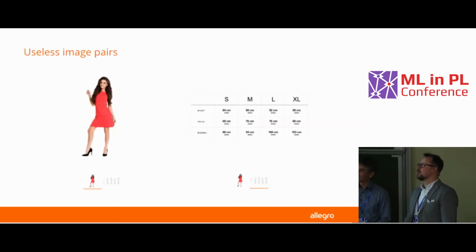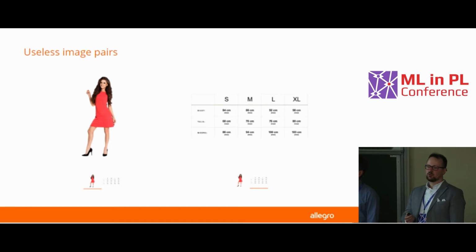So let's take a look at our data set, and we can immediately see that some of the images of the dresses are, well, not dresses. Basically, you've got some size tables, directions to shops, logos, and so on. And while those may be useful for the buyer, they are completely useless and confusing for our model.